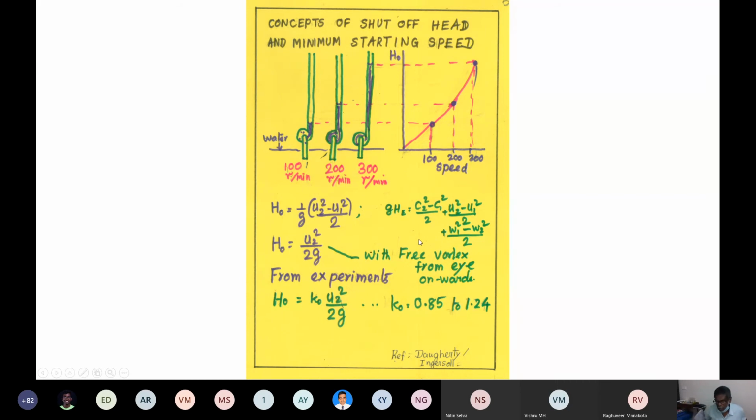So you may have a free vortex, you may have a forced vortex, you may have spiral vortex, you may have helical vortex, or you may have spirohelical vortex. So you can think of 5 different types of vortex flows. I'm not going to go into detail, but you see this.